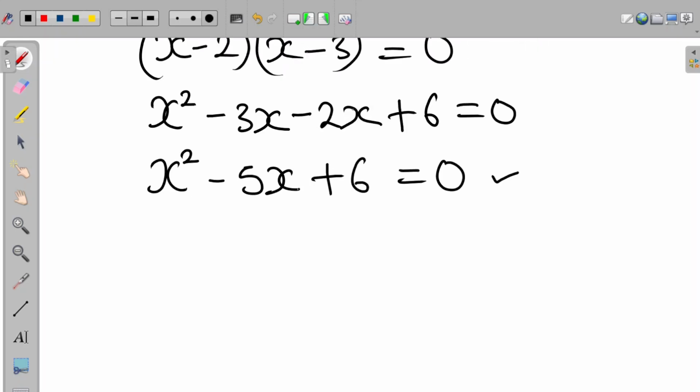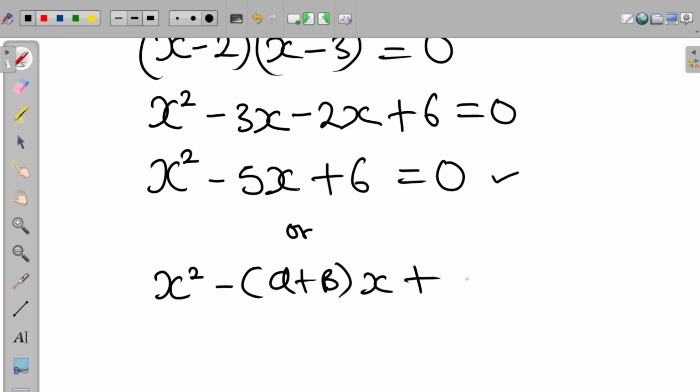Also, recall that we established that x squared minus alpha plus beta multiplied by x plus alpha multiplied by beta is equal to 0. With this equation, we can obtain our quadratic equation from a given root.